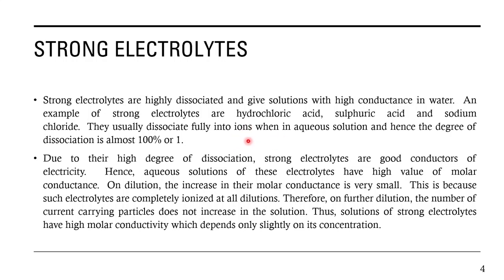Due to this high degree of dissociation, strong electrolytes are good conductors of electricity, and their aqueous solutions have a high value of molar conductance. But on dilution, the increase in molar conductance is small, since they are completely ionized, so on further dilution the number of current carrying particles does not increase in the solution.